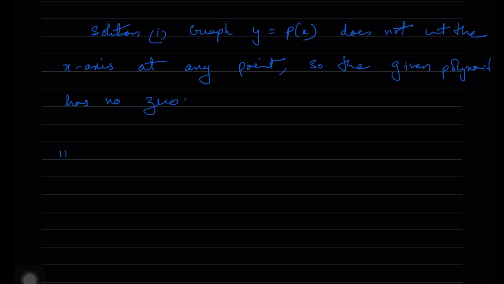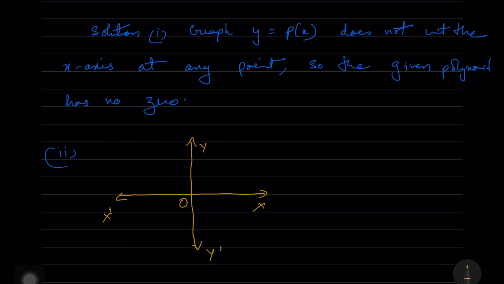Then the second case we will consider here. In the second graph, we can see that it is touching the x-axis in one place and the y-axis also in one place. So we have to only consider the place where it is cutting the x-axis.